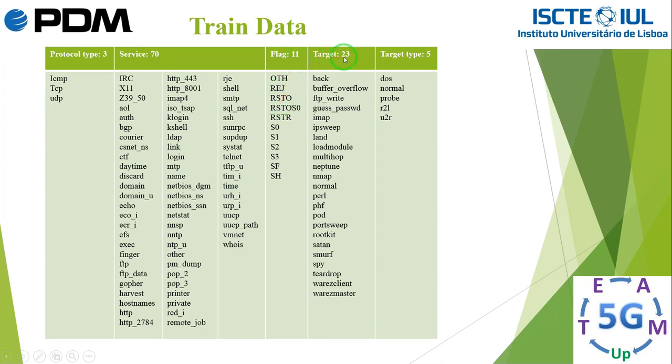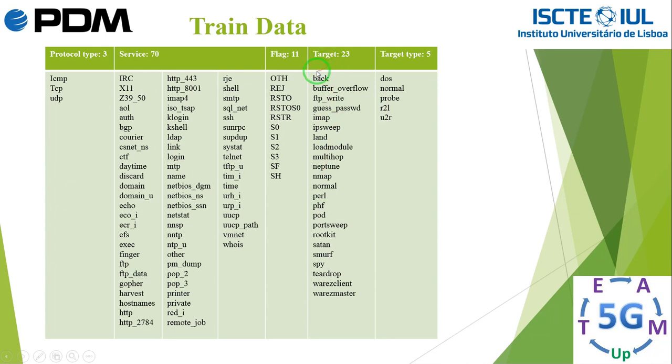For the target, it contains 23 unique values, and 22 of them are different types of attacks, and one of them is normal. That means one is normal data, and the rest are different kinds of attacks.